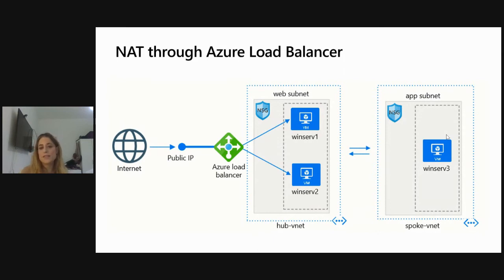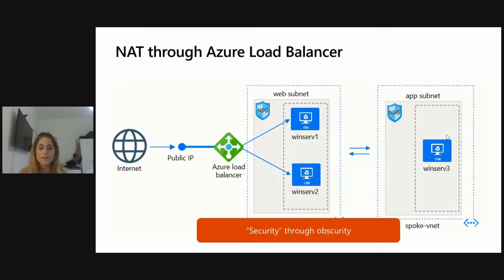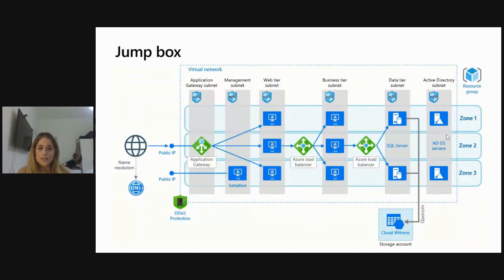And obviously, if someone is patient enough to do port scanning on your public IP, he will end up reaching the right machine. So the solution we see quite often is a jump box. I guess you're familiar with that, but I'm going to overview it real fast. We don't want our real, precious production machines to have a public IP. So we deploy in a different subnet a jump box, a machine that will have a public IP.